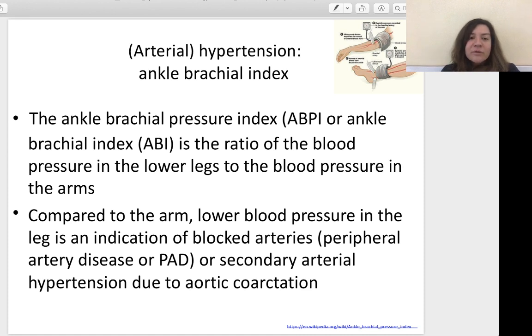It is a ratio of the blood pressure in the lower legs to the blood pressure in the arms. Compared to the arm, lower blood pressure in the leg is an indication of blocked arteries or peripheral artery disease, or secondary arterial hypertension, here specifically aortic coarctation, anatomical narrowing of the aorta.